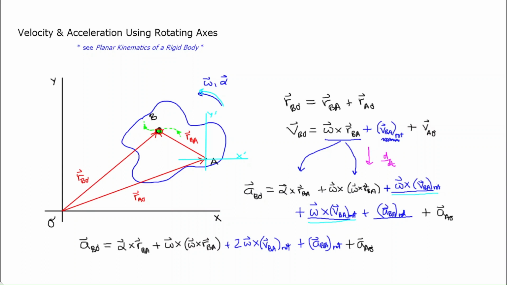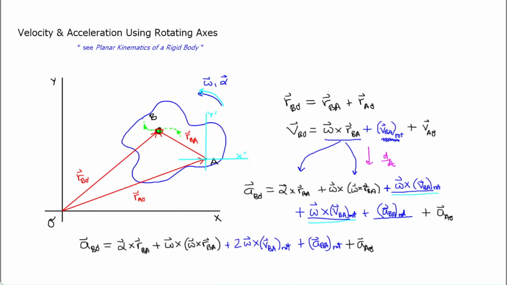As I pointed out before we transitioned to talking about acceleration, some of these terms are due to the motion of point B, and some of them are due to the motion of the particle that happens to reside at point B at this moment.